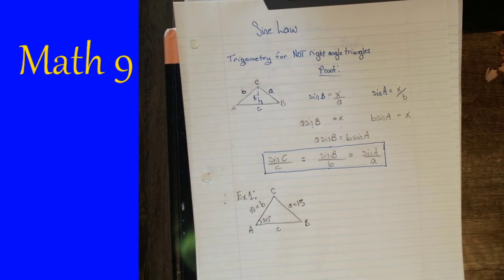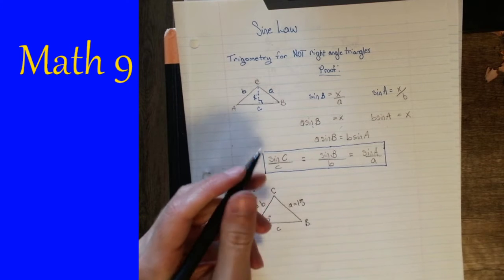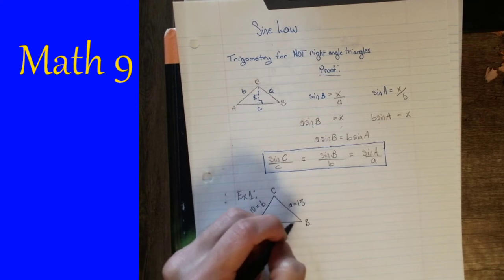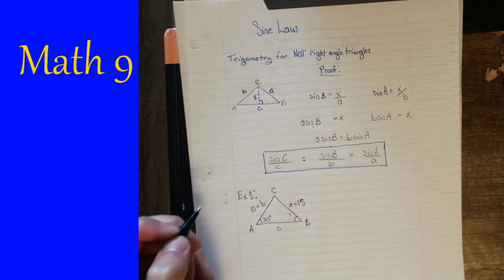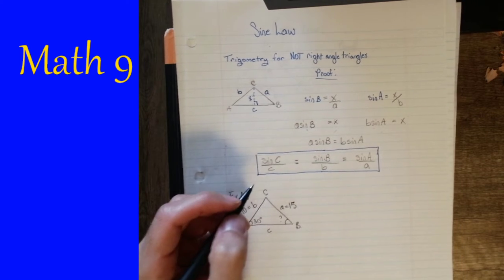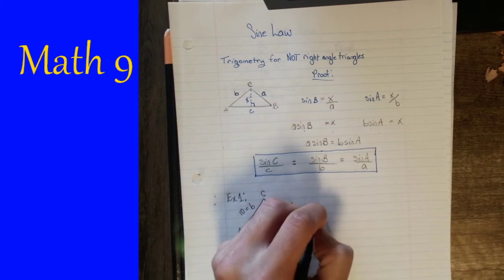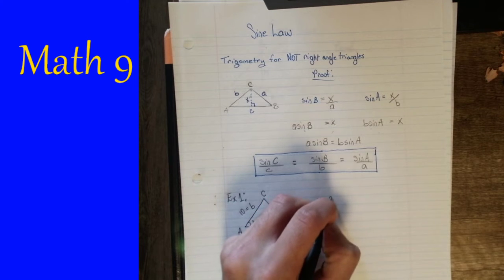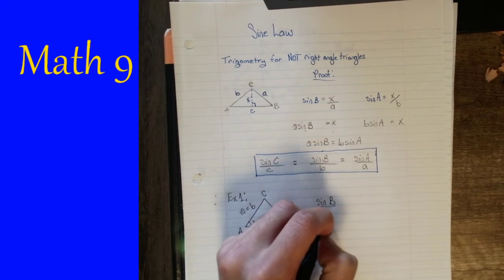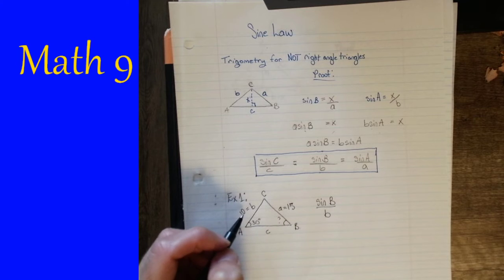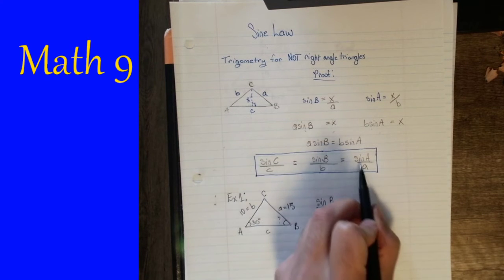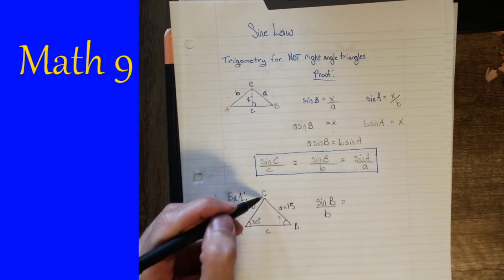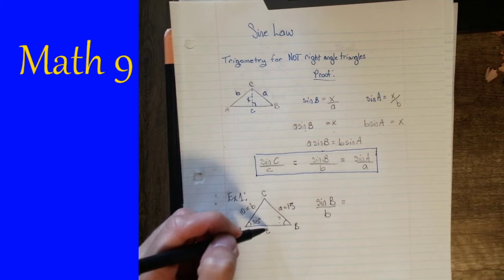So what we can do here is solve for angle B. That's what we would like to solve for. What is angle B? So let's put together sine B over B, and then we could set it equal to either sine C over C or sine A over A. We don't have any information about C, either its angle or its side length.